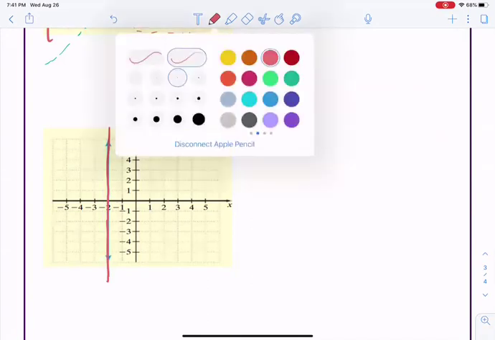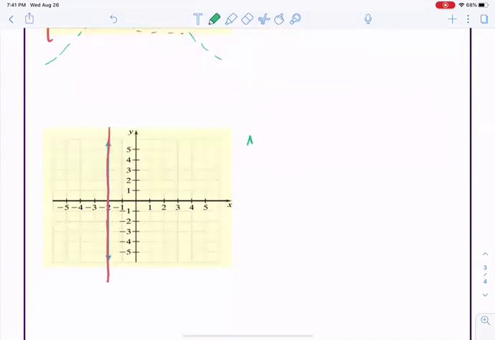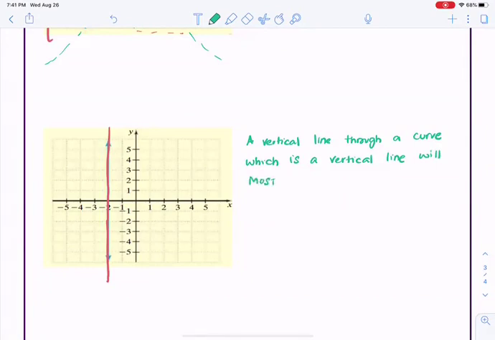So a vertical line through a curve, which is a vertical line, will most certainly fail the vertical line test.